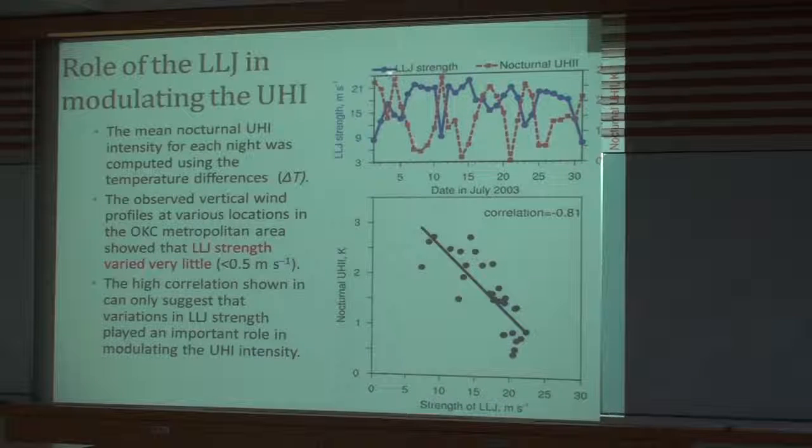Here we see an inverse correlation between these two indices. The so-called UHI intensity is the delta T, which I already mentioned. And what doesn't show here is the observed vertical wind profile at various locations in the Oklahoma City metropolitan area, including rural, suburban, and urban areas.